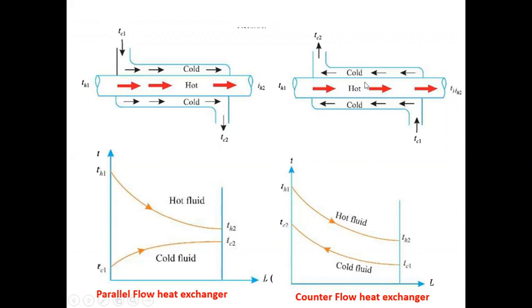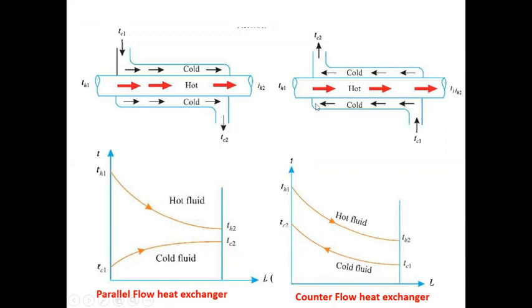If you consider, on the other hand, a counterflow heat exchanger, we can see that in a counterflow heat exchanger, hot fluid and cold fluid are moving in opposite directions. If you consider the temperature variation along the length of the heat exchanger, the hot fluid temperature decreases in this direction.